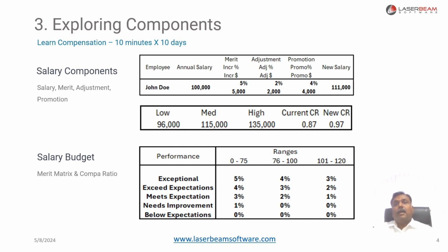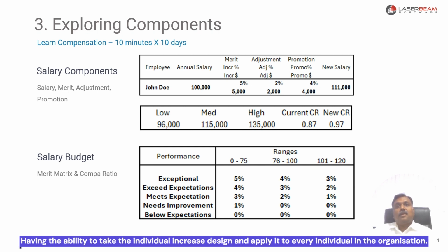So again, the performance and the ranges and the increase budgets are tied back to the compa ratios in this example. Once this is done, you have an ability to take these increase guidelines and apply them to every individual in the organization, and then you roll it up.